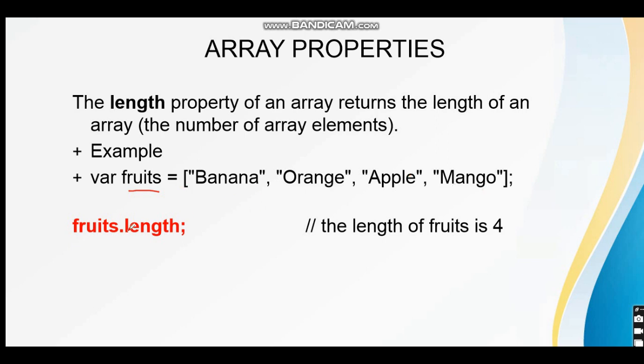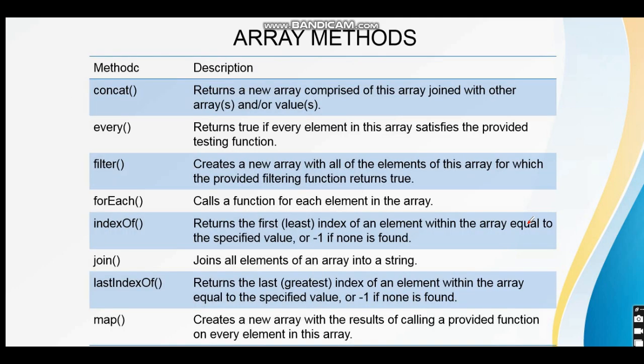If we apply the length property like fruits.length, then the length of fruits is 4. The number of elements present in this array is 4: banana, orange, apple and mango. This is how it is going to return the length of an array.